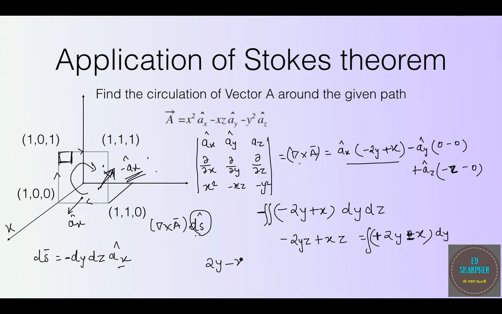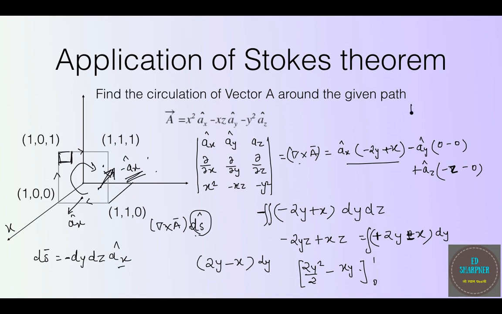So 2y minus x dy, this is what we have now. If we integrate now, we get 2y square by 2 minus xy, and if we put the limits for y, we get 0 to 1 again.